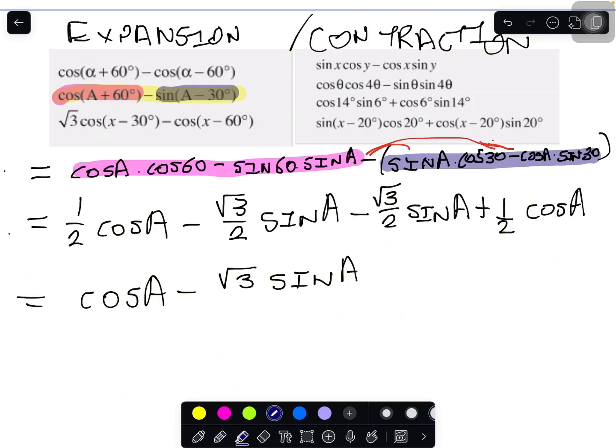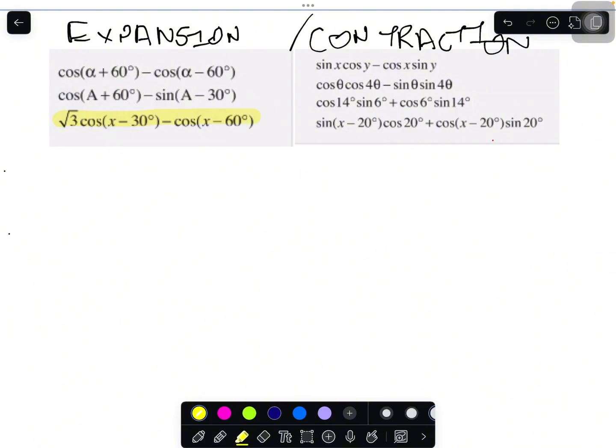Let's move on to the next one with this question right here. Now we have a root 3 on the outside, so we can use the same technique we used earlier. We have a negative on the outside where we put the root 3 here, and then we open a bracket to expand.